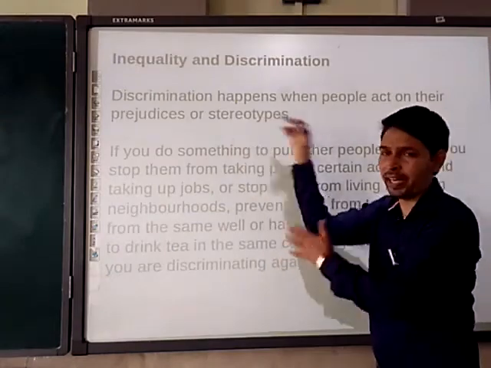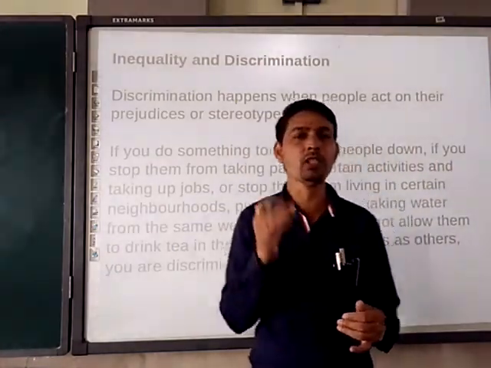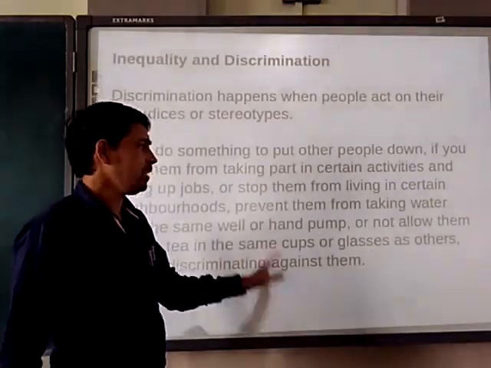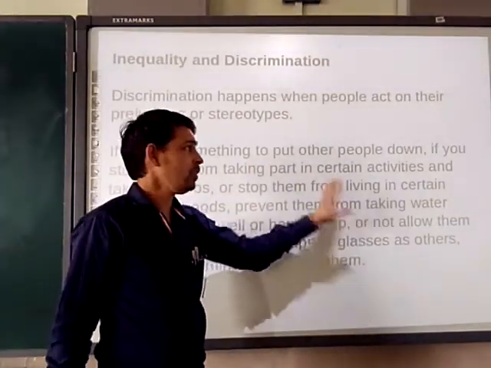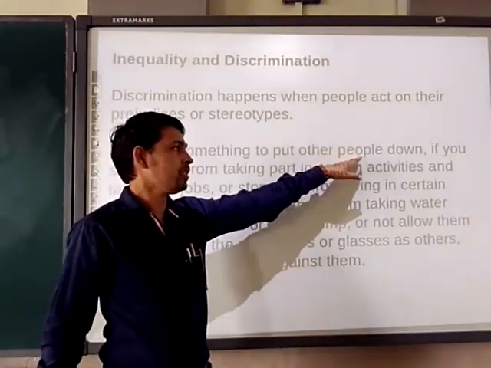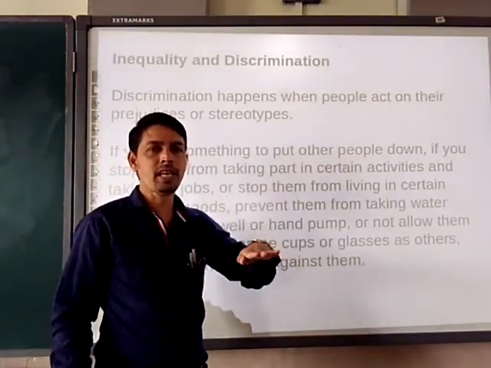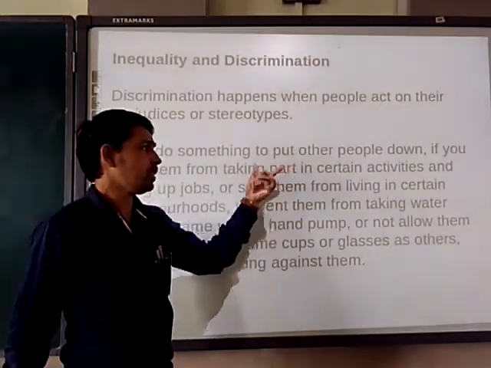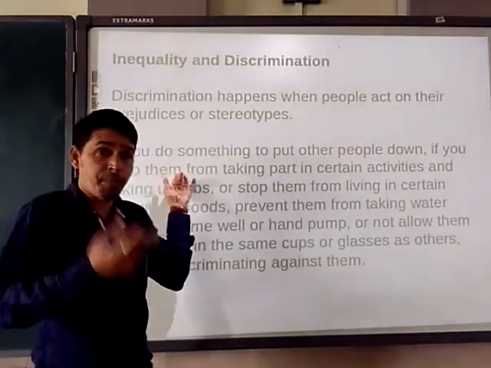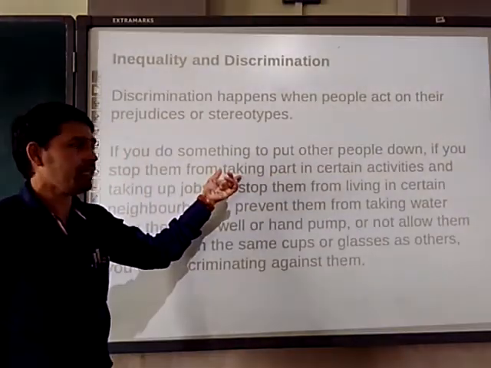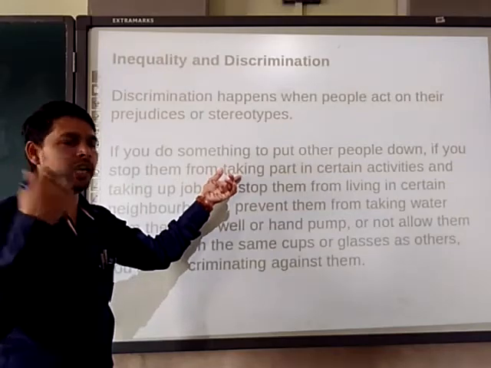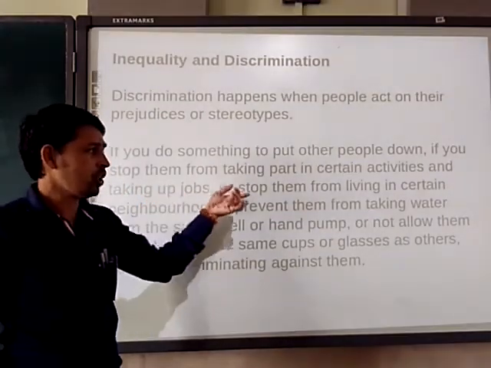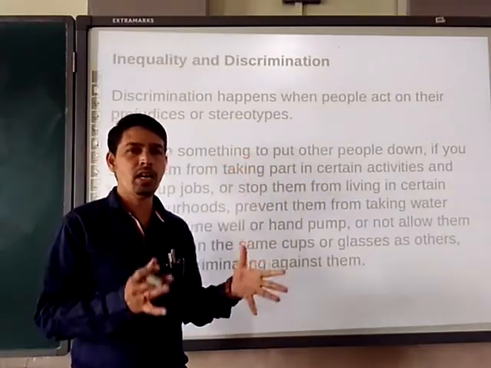So by hearing this paragraph, you understand when people are discriminating. In which ways? First, if you are putting them down, not keeping them at our status. Second, you stop them from taking part in certain activities, you do not allow them to do certain jobs or stop them from living with us.